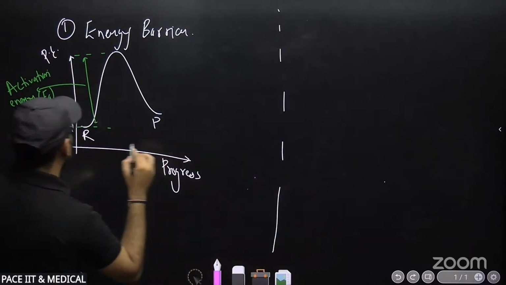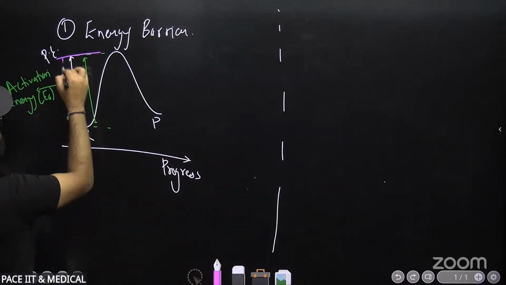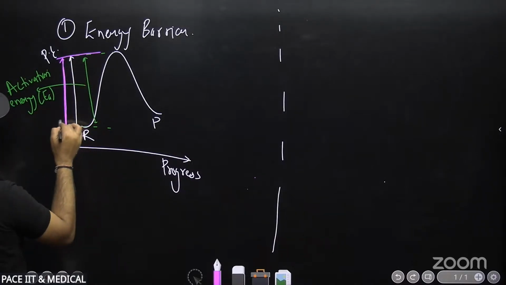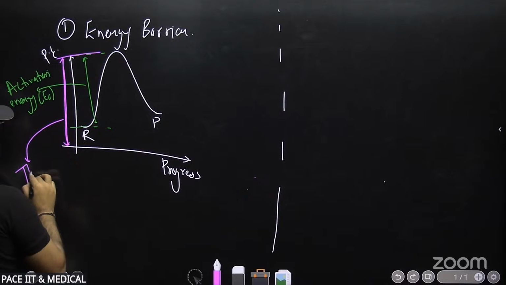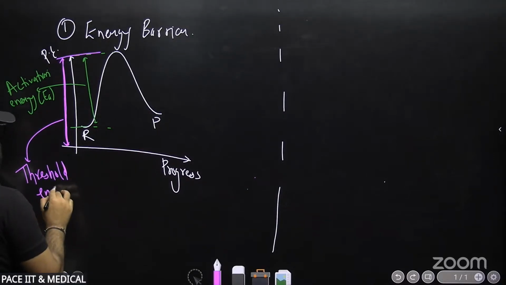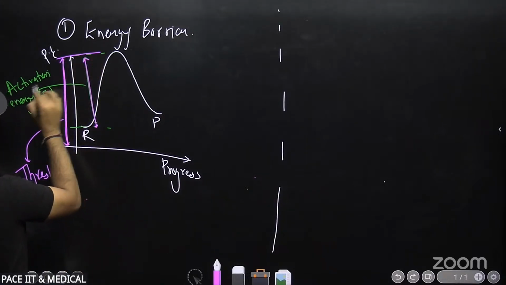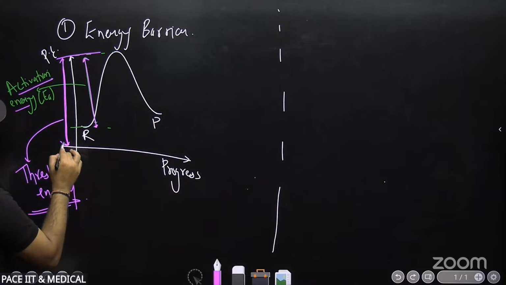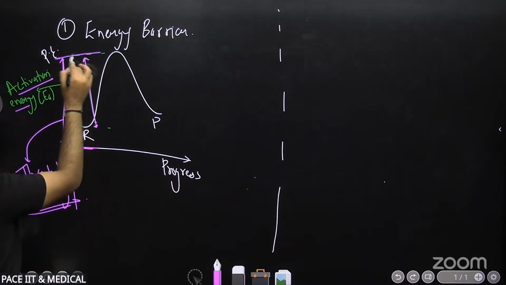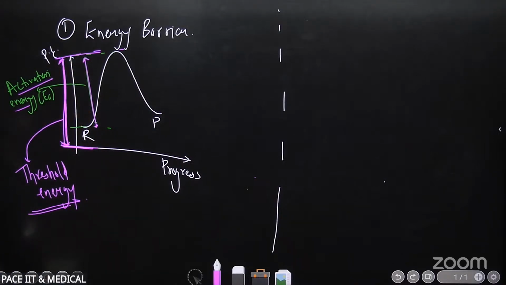And this total value from this peak to the x-axis, this energy is known as threshold energy. Threshold energy. This much energy is activation energy, and from the x-axis to the peak, this energy is represented by the threshold energy.